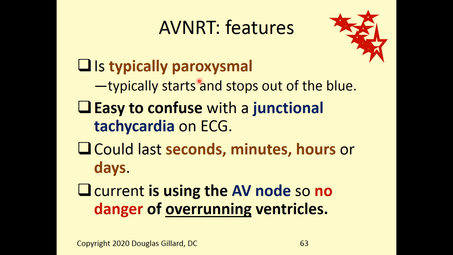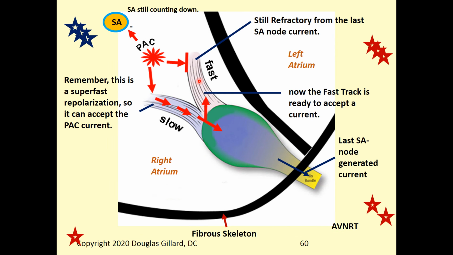How would a PJC do it? Well, what if I don't have a good drawing? I guess I didn't do a drawing. But what if this did come down here and you had a PJC run backwards? What if a premature junctional complex occurred here and snuffed out the current?